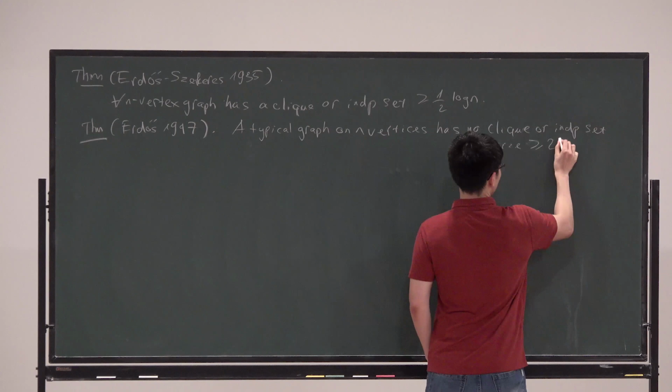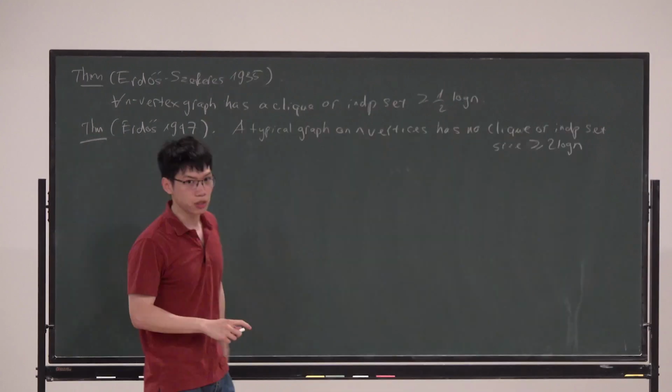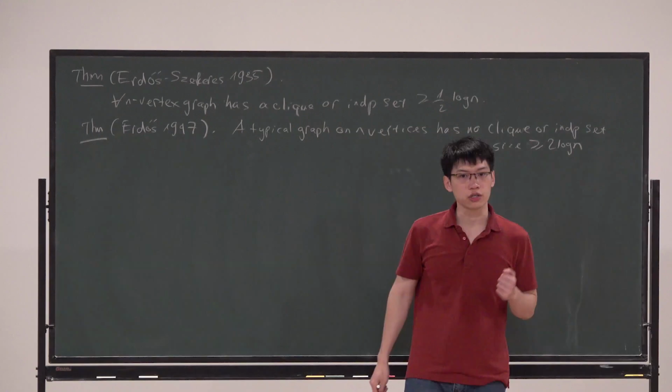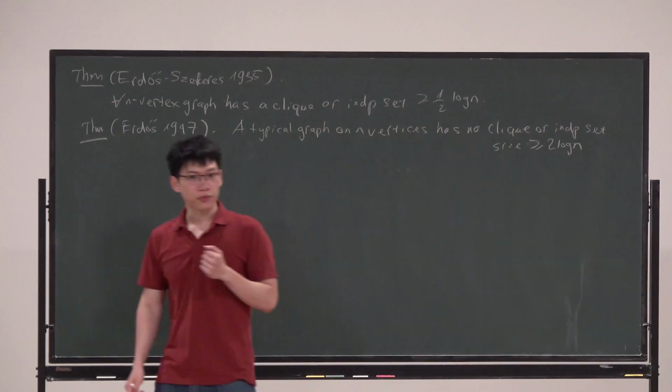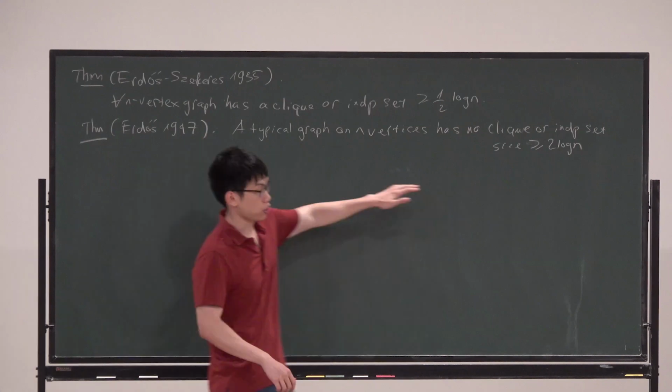By typical graph, I mean you take a random graph on n vertices with edge probability 1/2, and as long as n tends to infinity, you will get this result. It is not hard to show.